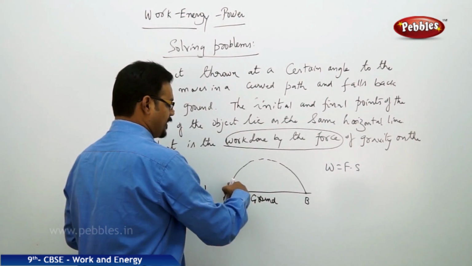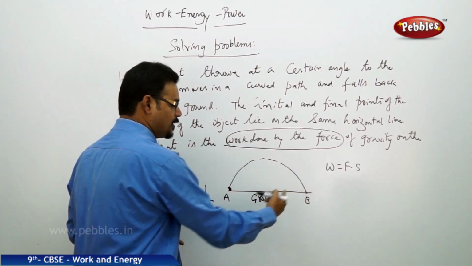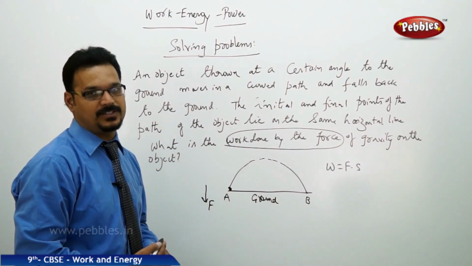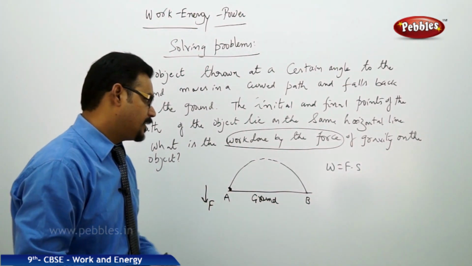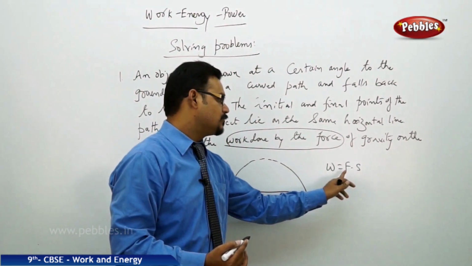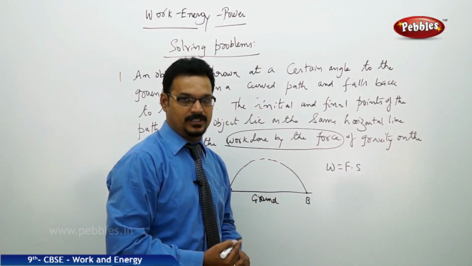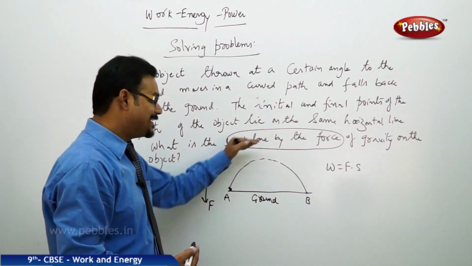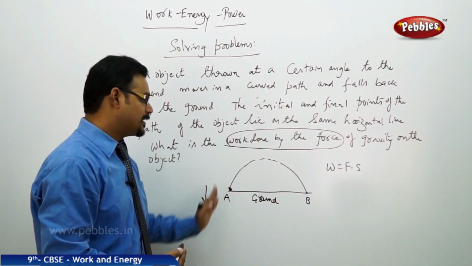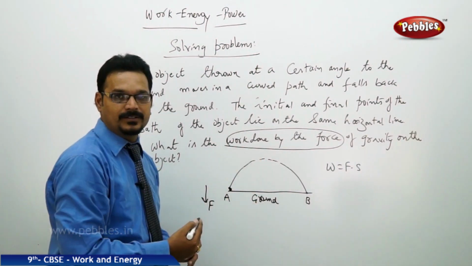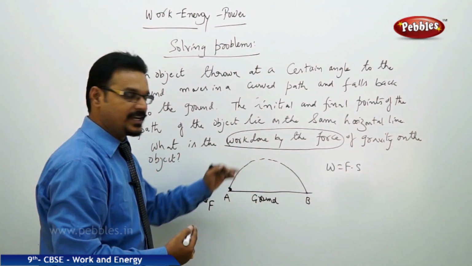The total path from A to B is nothing but distance travelled, as you learned in the first chapter. But in the work done formula, force is a vector and displacement is also a vector quantity. So here you shouldn't take the distance, instead you take the displacement. When we take displacement, we consider the starting point, the ending point, and the shortest distance between them.